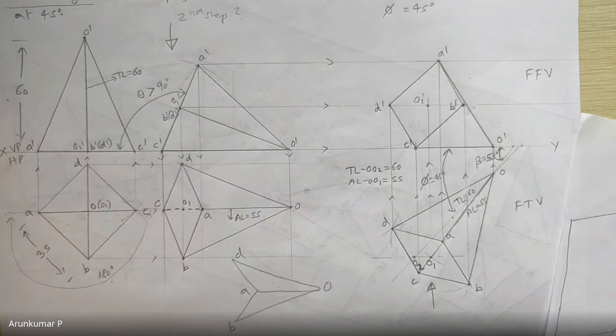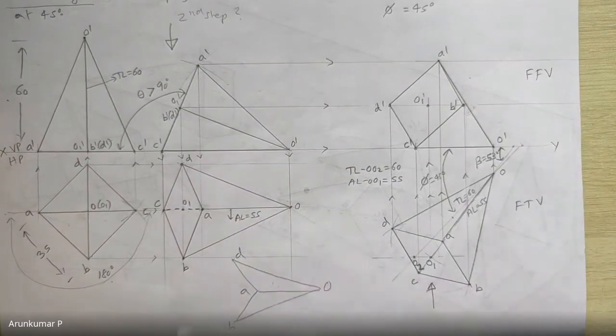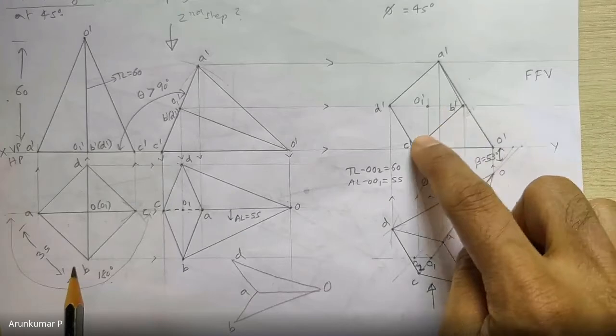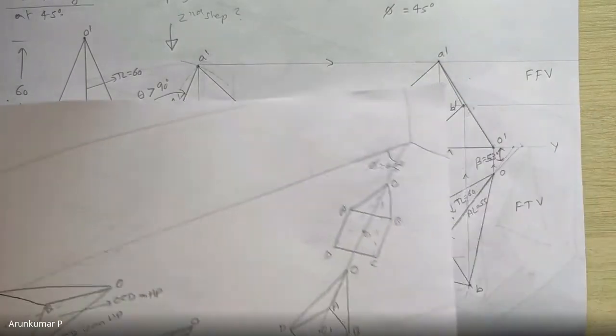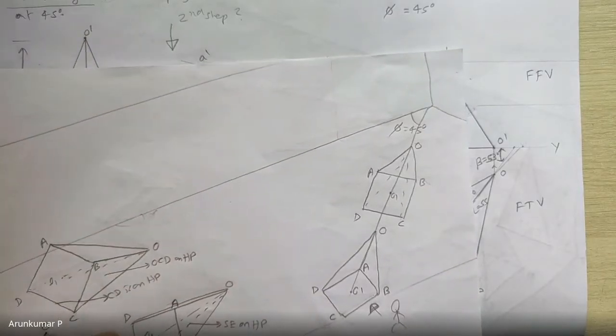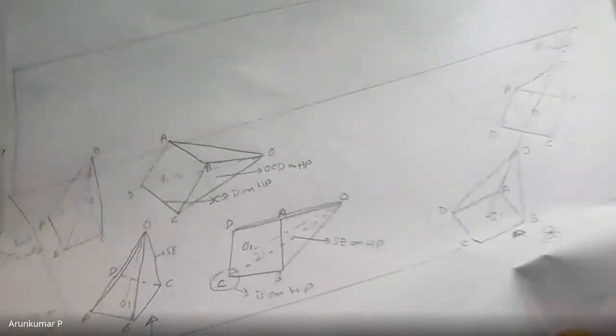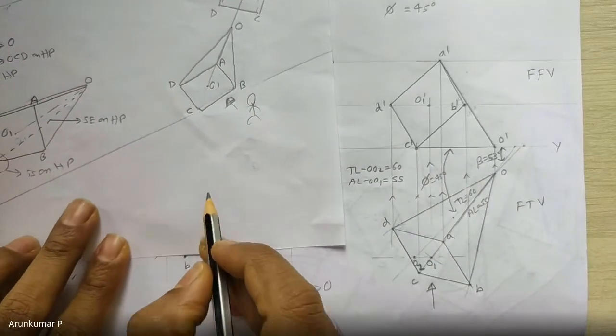Now it becomes interesting because there is a very odd area here which you have to divide into a number of triangles, and I'll just show you how the area looks like. So the area is something like this.